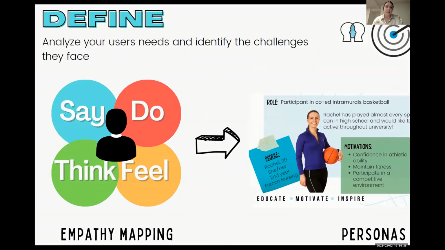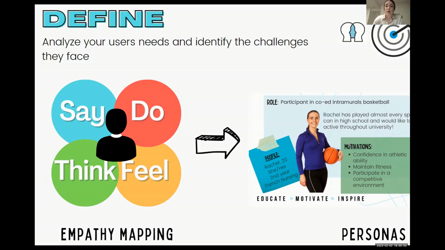And so we analyzed the data by using something called empathy mapping that's often used in design thinking. What you do is you thematically analyze things and you're highlighting key passages that reflect what women are saying, doing, thinking, and feeling. Then we synthesize those insights into creations of fictional personas.